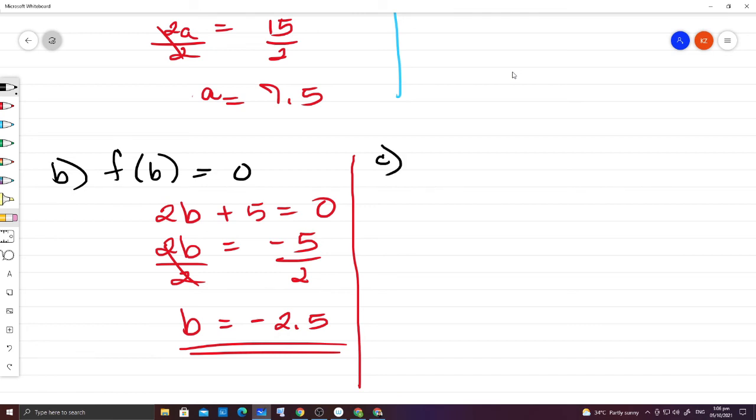Okay, last one. Then we will continue. I will not give exercises on Thursday. I will continue teaching. Next, f of c is equal to negative 5.